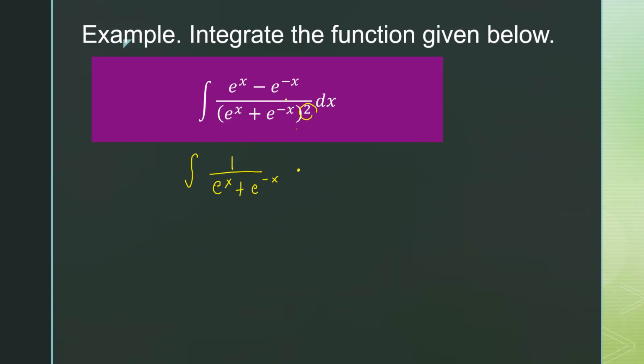Tapos, the other fraction will be, i-take natin itong numerator na 'to na magkasama kasi maalala natin dyan is the sinh, no? So, e to the x minus e to the negative x all over e to the x plus e to the negative x dx. Okay.